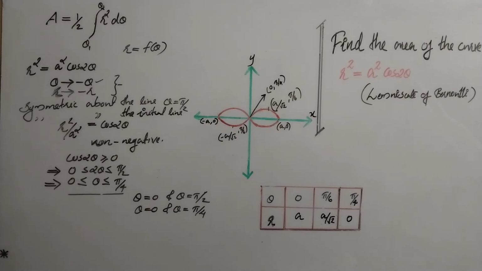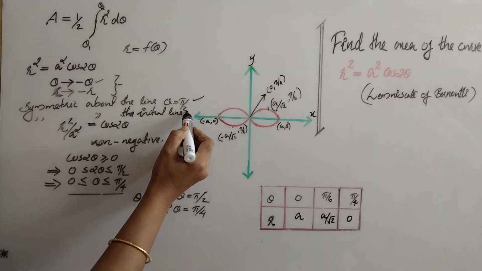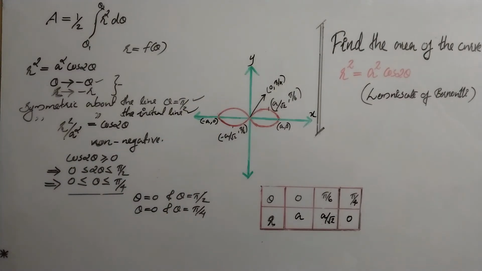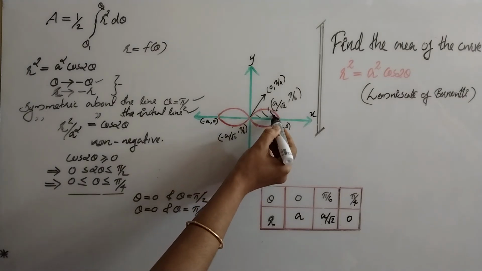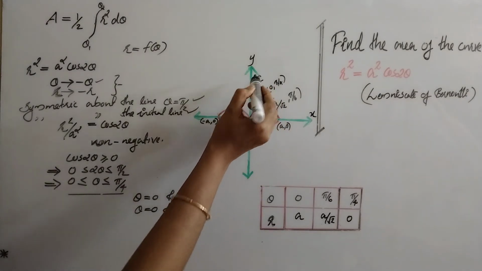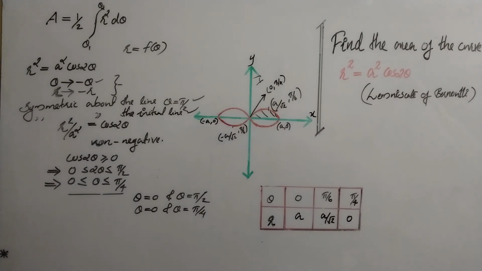Hence, the required area is the area enclosed by the two loops. So, by the symmetry about the initial line and the line theta equal to pi by 2, the required area is 4 times the area enclosed by the portion in the first quadrant of the curve, that is this portion. Area in the first quadrant. 4 times the area in the first quadrant gives the complete area of the curve.